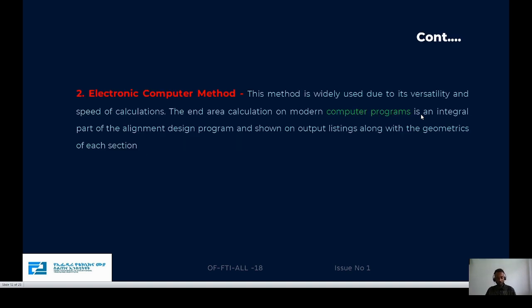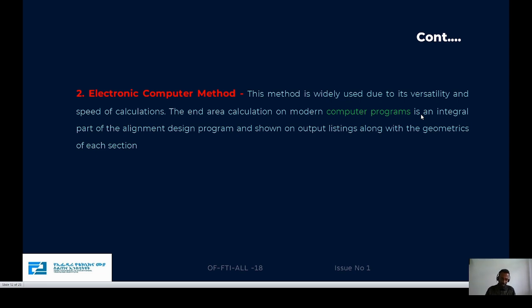Electronic computer methods are related to modern computer programs. Generally we give the alignments: the horizontal alignment, the vertical alignment, and the cross section.